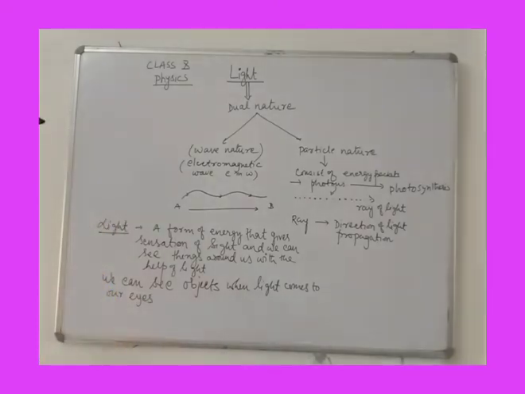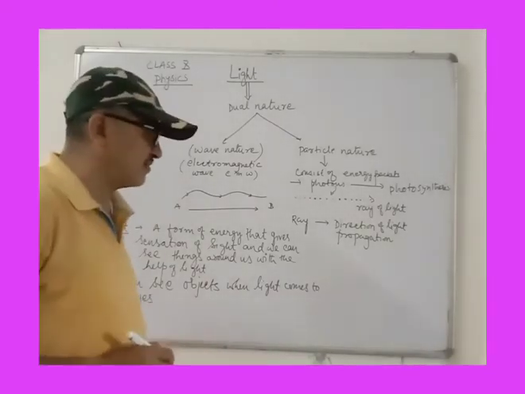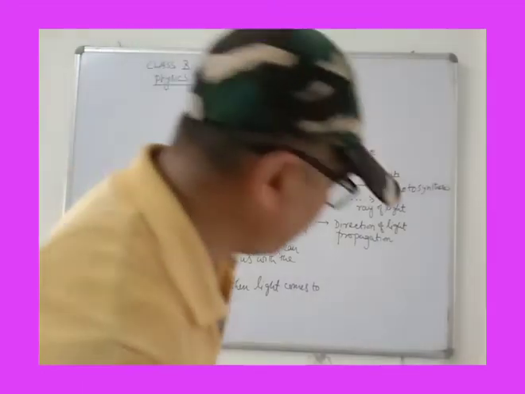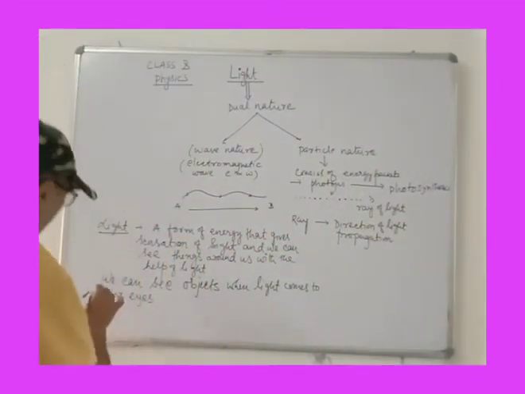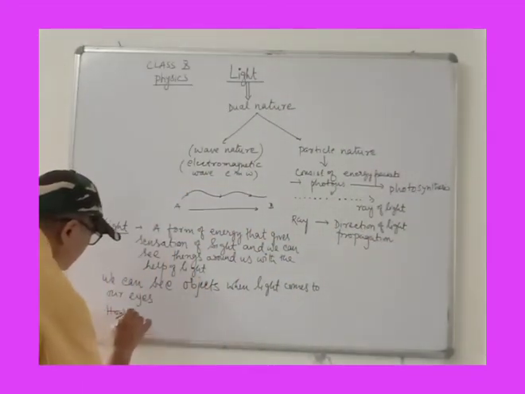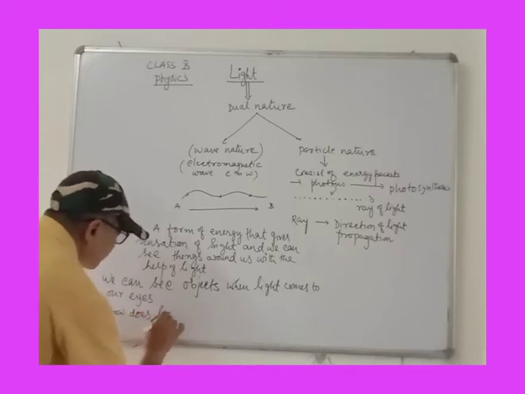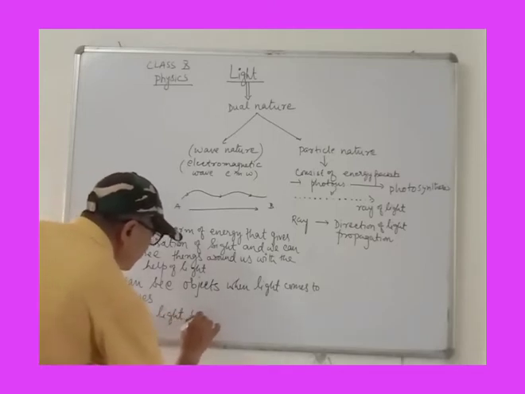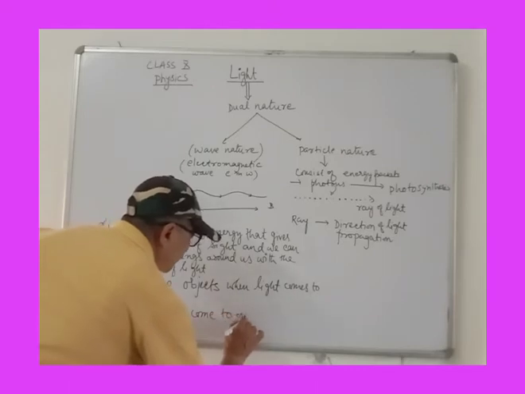That's it. We can see objects when light comes to our eyes. How the light comes to our eyes? There are two methods. How does light come to our eyes?